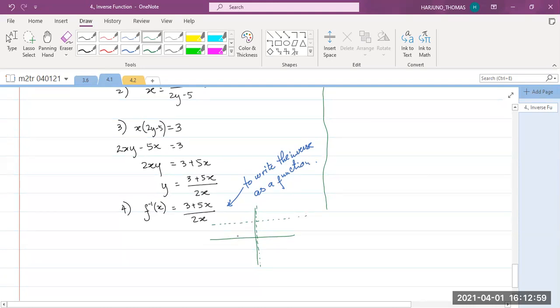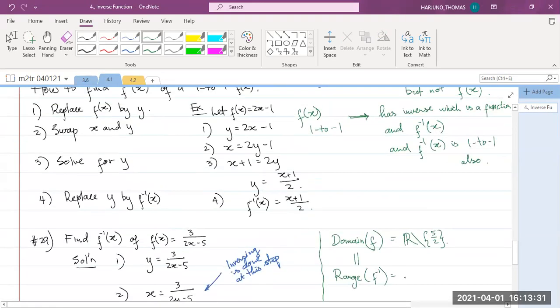And then the x-intercept is -3/5. So from here you see that the range is all real numbers except, I'm sorry, that's 5/2. All real numbers except y equals 5/2. Right, that's the range.